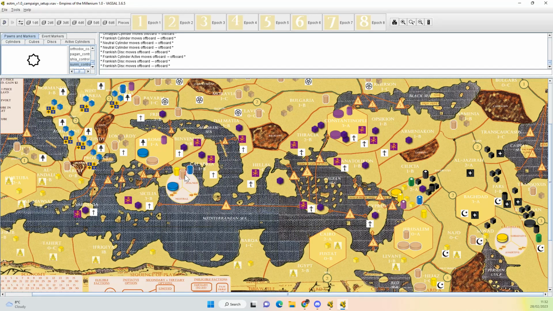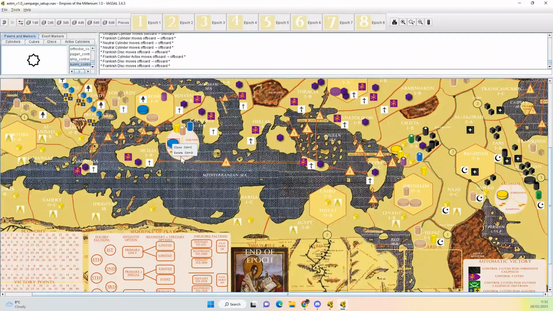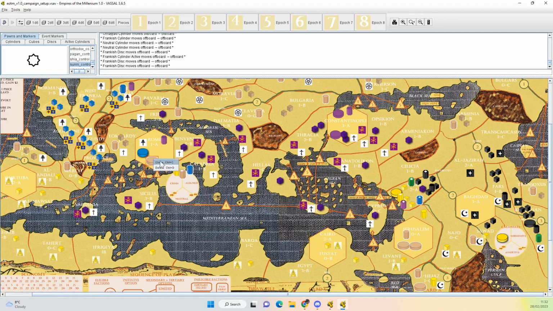Now that local Roman faction can intrigue against the papacy and kidnap, depose the Pope, install an anti-Pope, and create a neutral disc there instead of a blue one. Okay, and then that neutral disc can move around, or the Franks can flip and then move the disc back into Frankish control. So that's how the papacy track works.